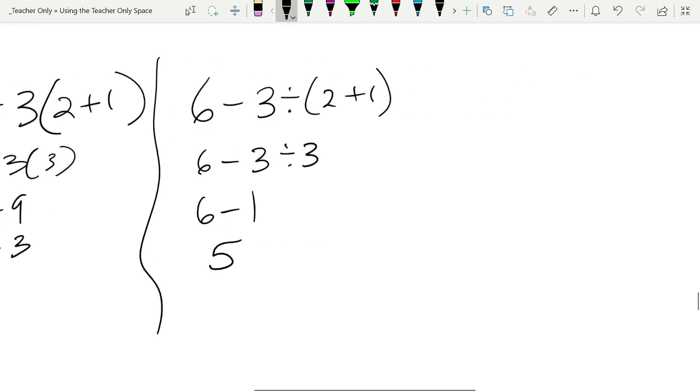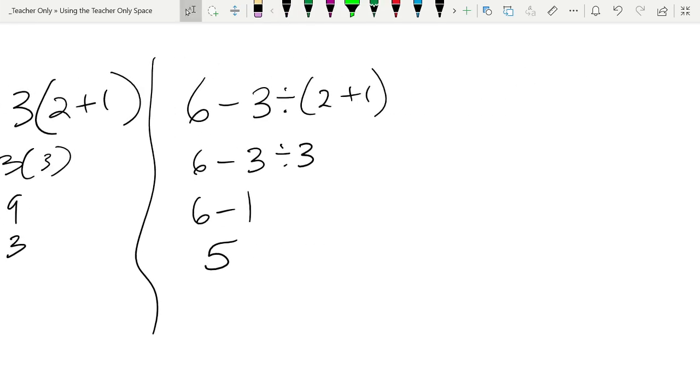But you're going to get people out there who would say, no. They have to do the divide before, or no, let me see. How do they do this? They do the subtract first because they think of it like this.